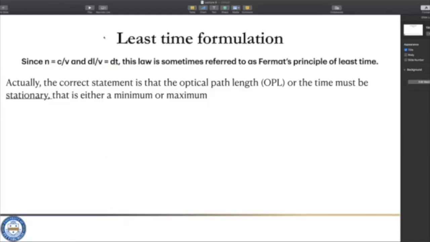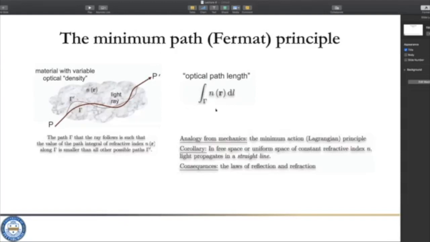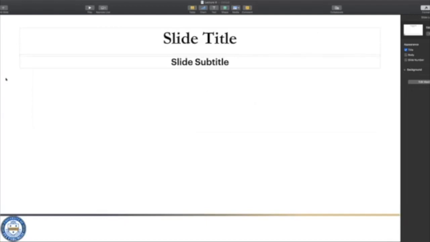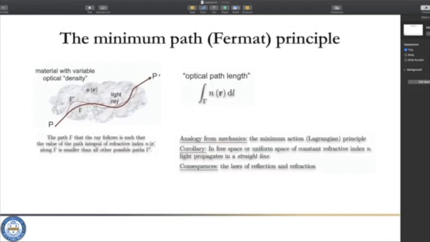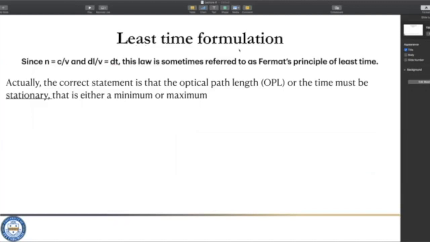So that means that this index becomes c divided by v times dl, and that dl over v is just time, right? Distance divided by velocity is time. And so this is referred to as the principle of least time.